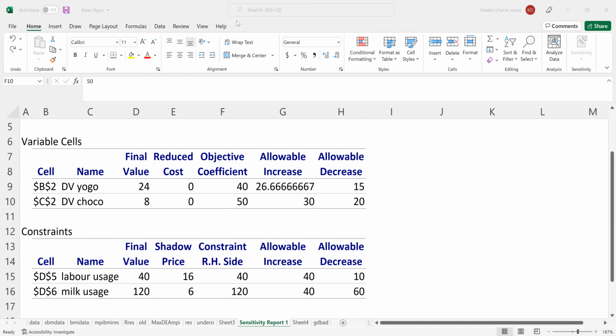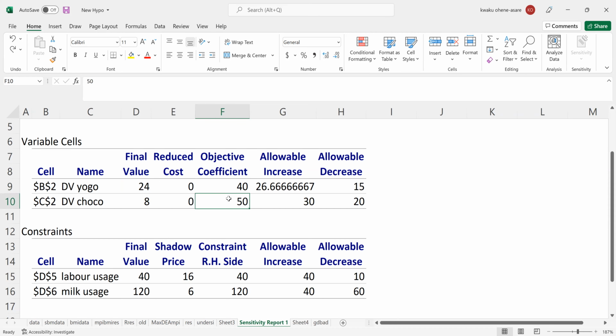So what it means is that in order to get the objective function value, whether it is the total profit, total cost, total loss or total revenue, always multiply the final value by the objective coefficient, plus the next final value times its objective coefficient, plus the next final value times its objective coefficient.